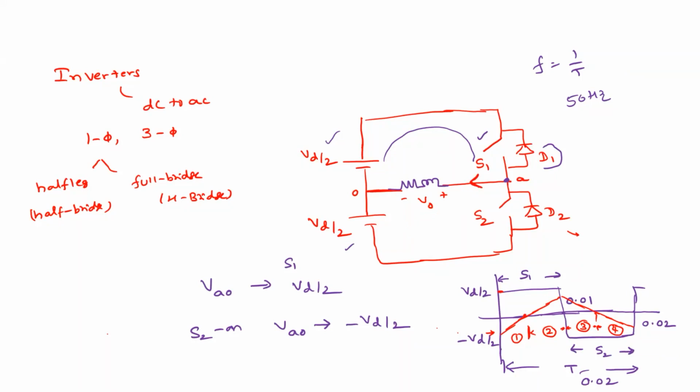D1. The negative current flows through D1 and the source, 0 to A.